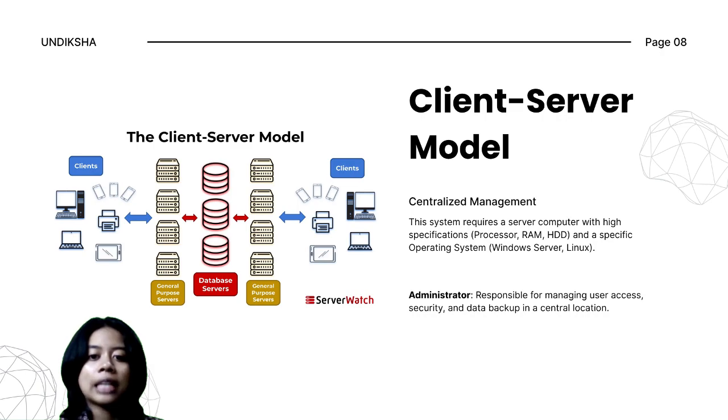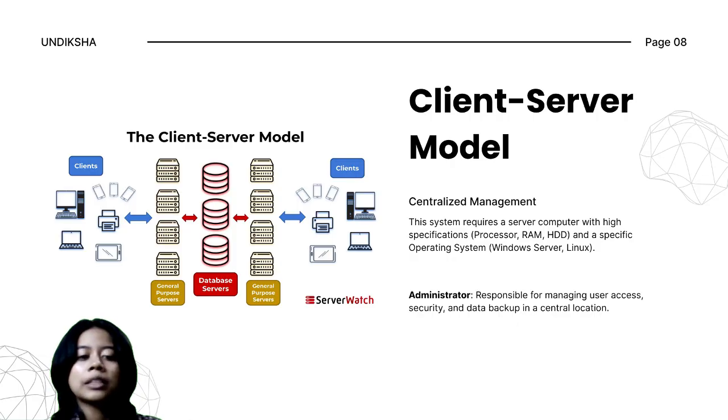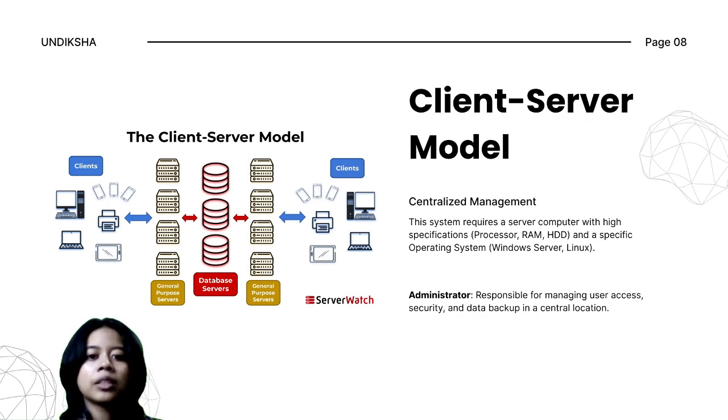Because the server is tasked with managing intense workloads such as validating user logins, controlling network traffic, hosting massive database systems, and distributing shared files, it requires a far superior hardware specification compared to client terminals, particularly regarding processor clock speed, massive RAM capacity, and extensive hard disk drive arrays.